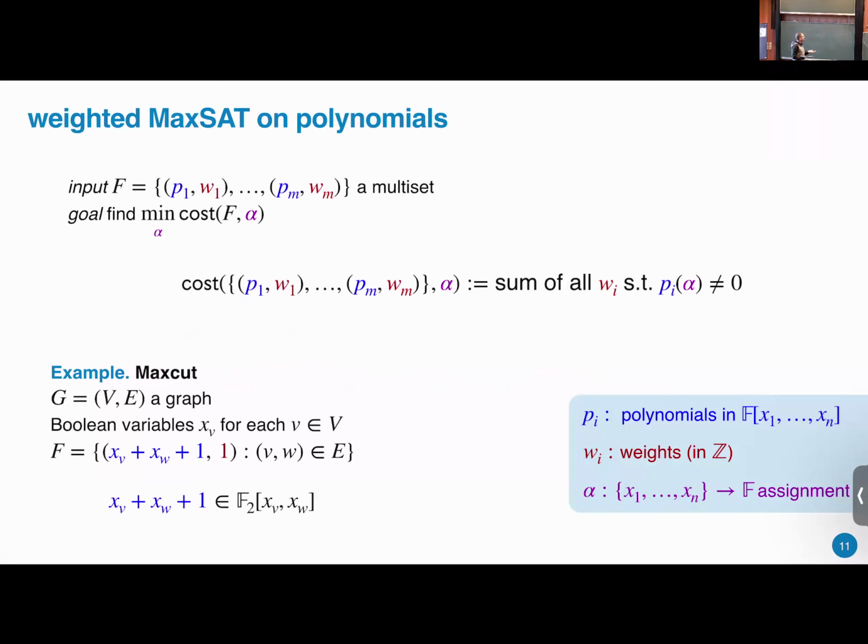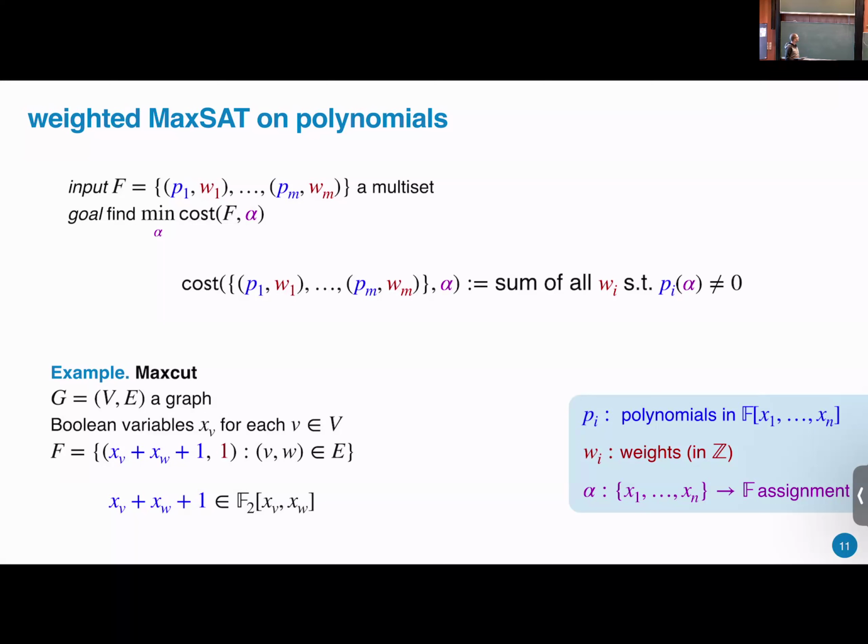And these weights are measuring how unhappy we are if the polynomial, when we evaluate it, is not zero. And this allows a bit more flexibility at the level of encoding. So for instance, MaxSAT can be encoded directly as degree 1 polynomials in this language.